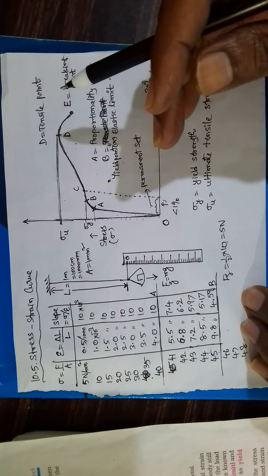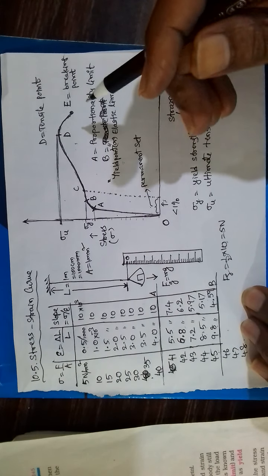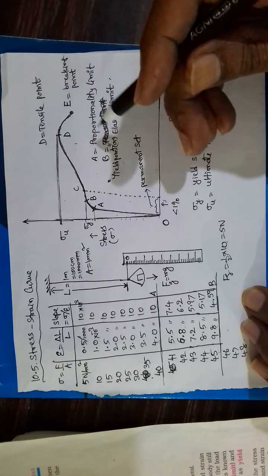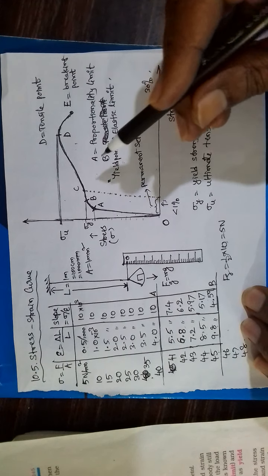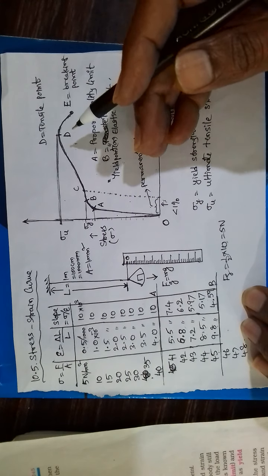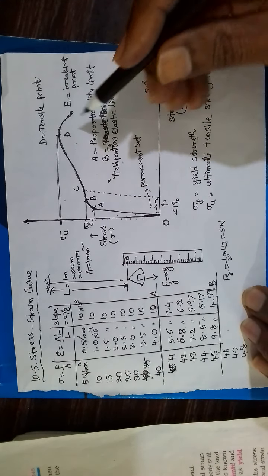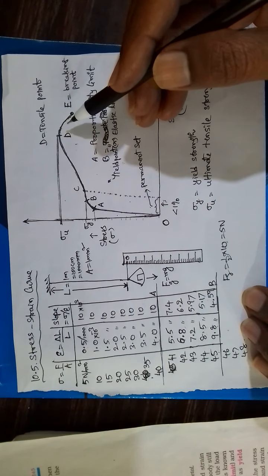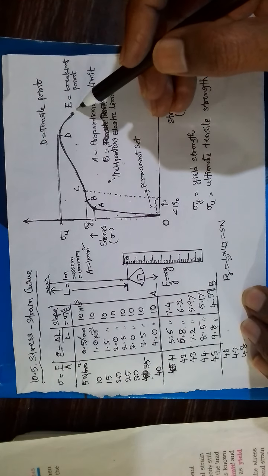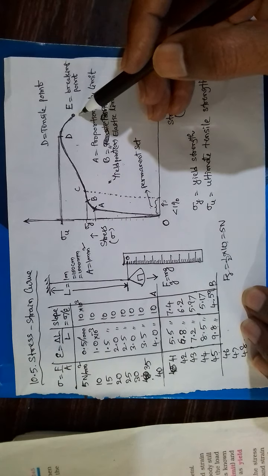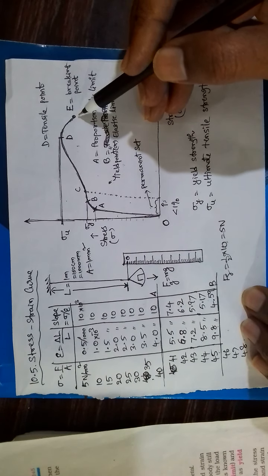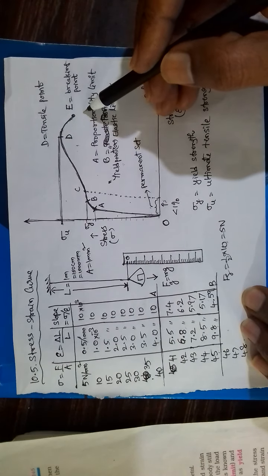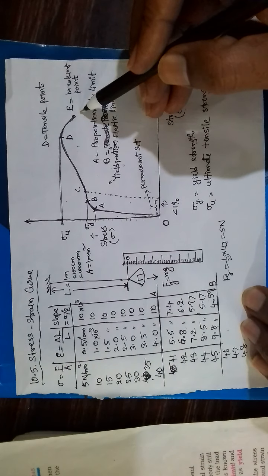See, it is so accelerated, so thinning out, that even though no extra force is applied, it gets thinner and thinner, and it reaches a point where it undergoes fracture, and that is called breaking point.